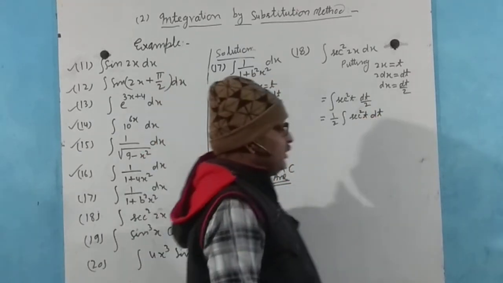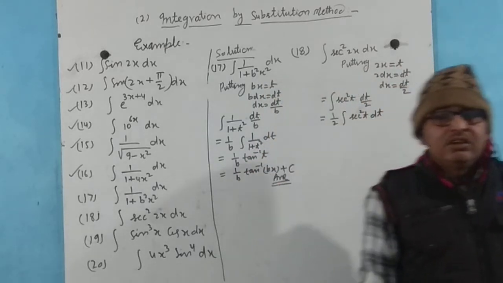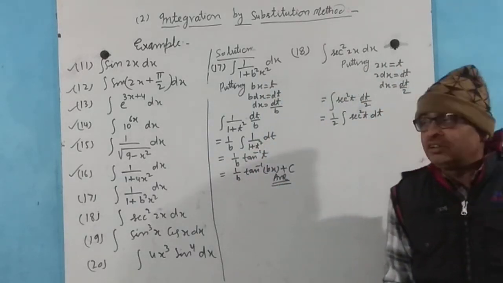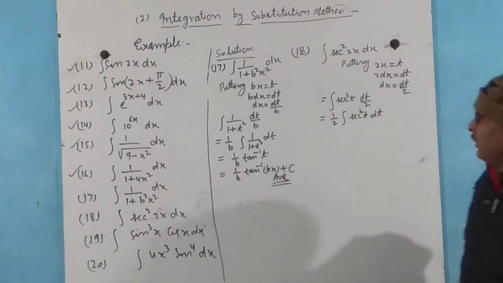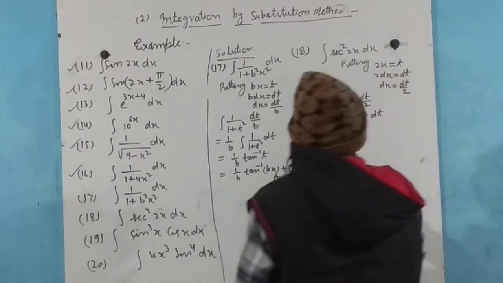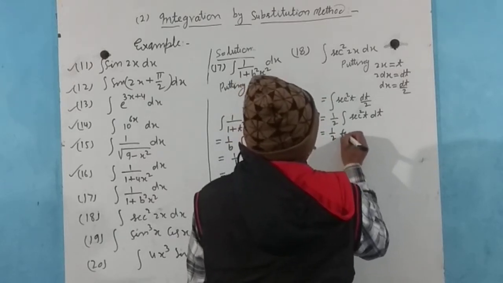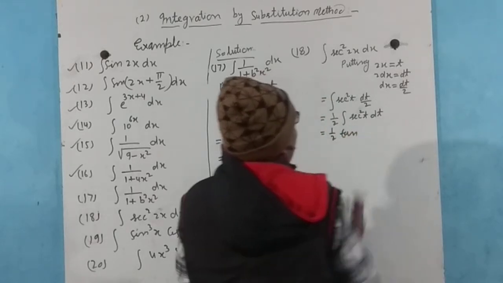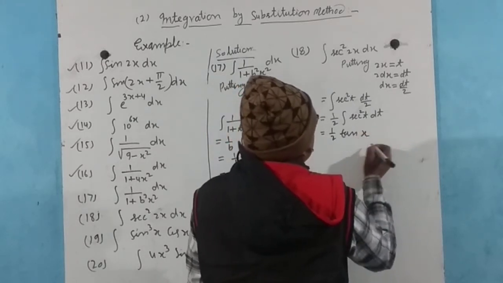As you know, the differentiation of tan x is sec square x, so the integration of sec square x equal to tan x.